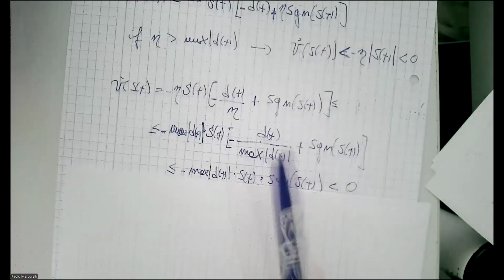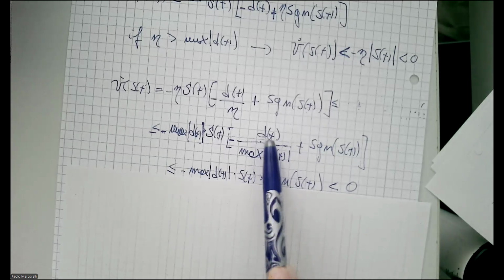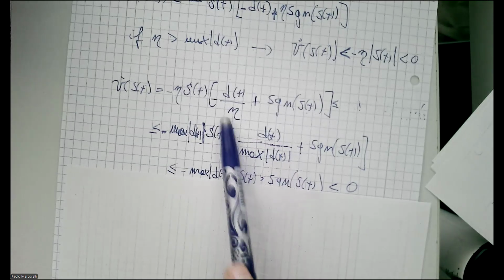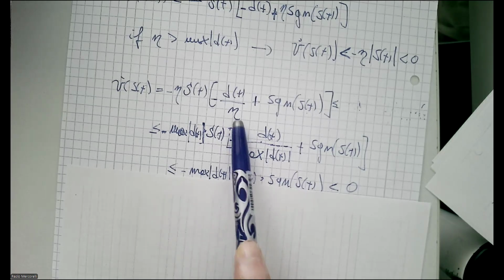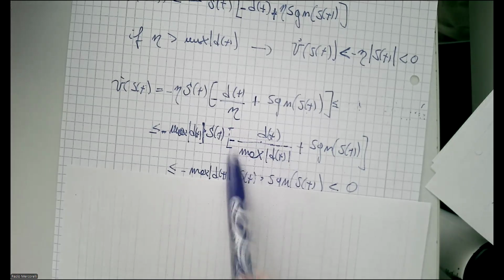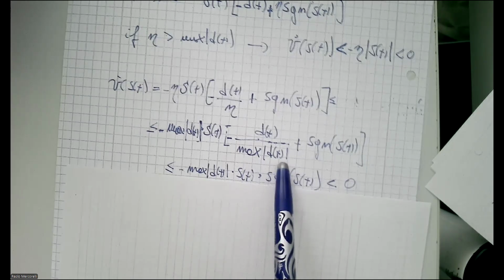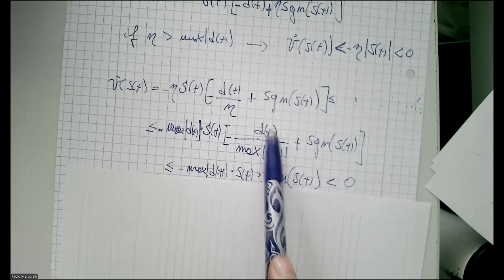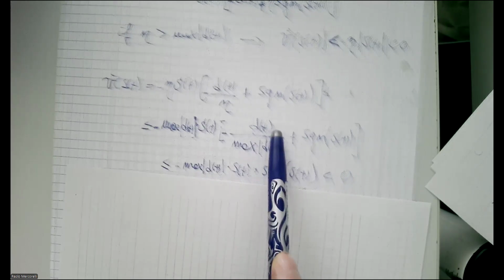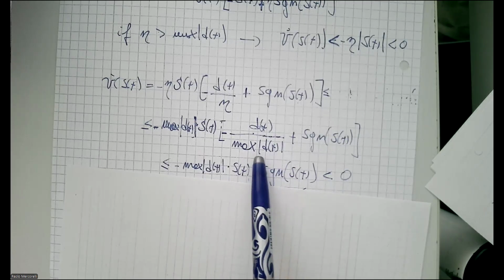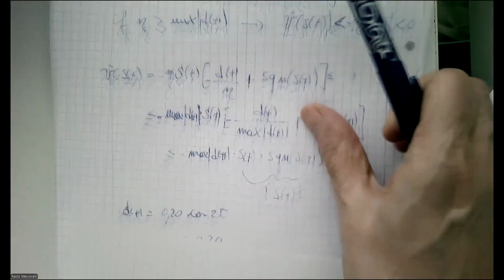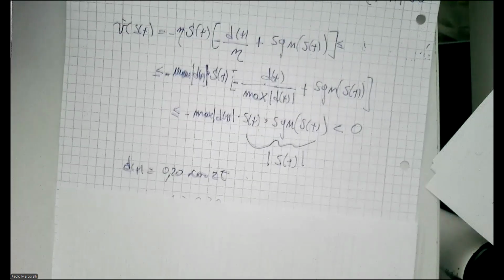Do you remember? We have seen it in another form. I consider here the maximal value of D, but you can consider also eta larger than the maximal value of D. It's the same. Do you remember? I put the maximal value here, and then I consider eta larger than the maximal value of D. Basically the same.